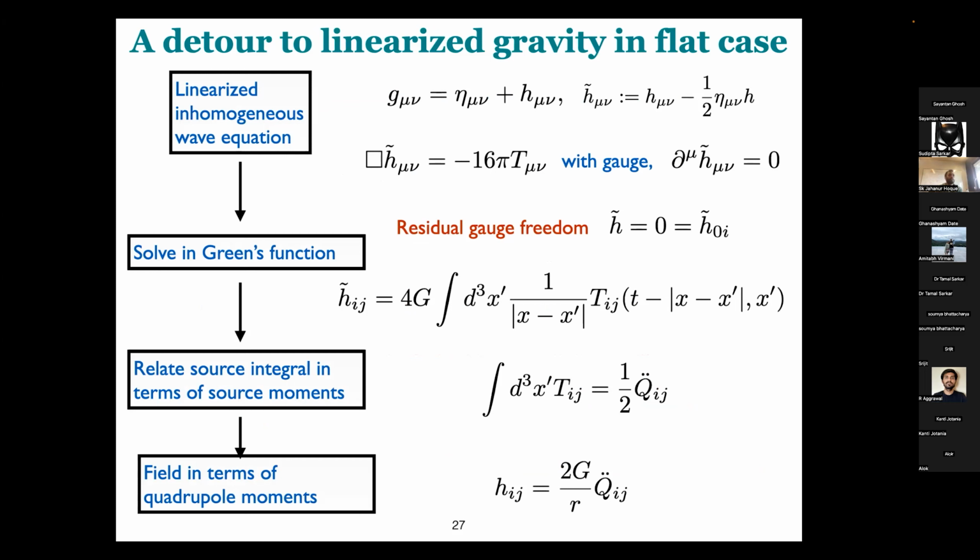Once you solve it, you use the conservation equation to relate the integral d3x Tij with Qij, because I want to understand how my QAB can be generated from some source integral, from some multipolar structure of the source, just like in flat space. So you follow the same prescription, but in the de Sitter background.